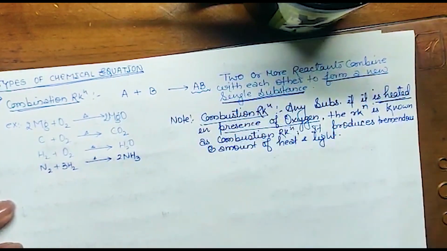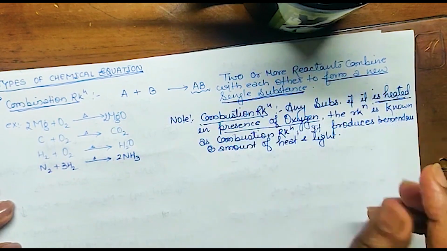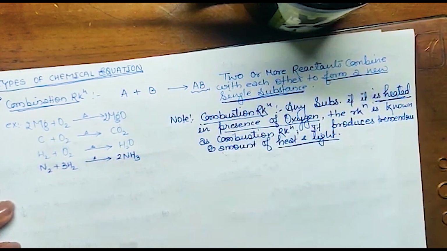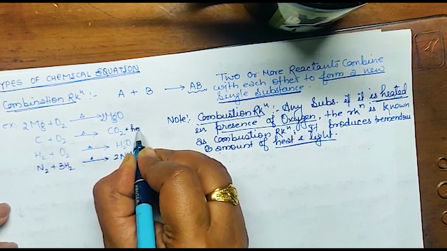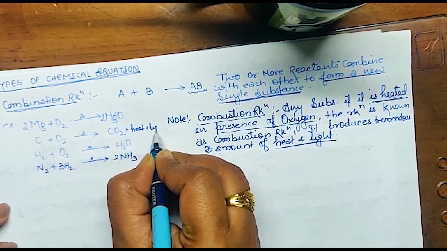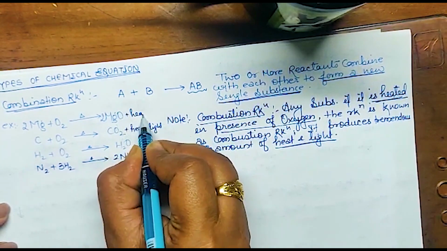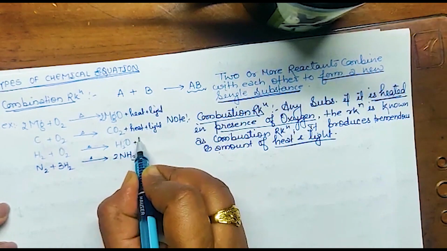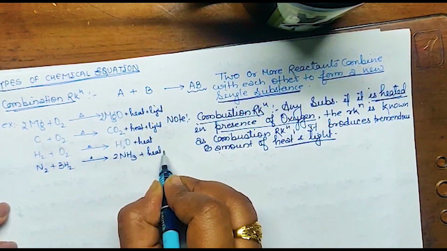Whenever a combustion reaction is there, first it is heated in presence of oxygen, and along with the product there will be heat and light also. If we write here heat plus light, even all these reactions give heat and light. Got it?